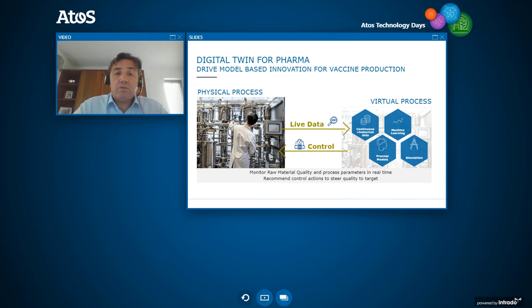Now, because we wanted to simulate and predict the behavior of the process, predict the critical quality attributes, we needed a way in order to make those kind of predictions. Now, we decided to apply computational fluid dynamics, CFD, in order to create all potential models, simulations for the behavior of the process.